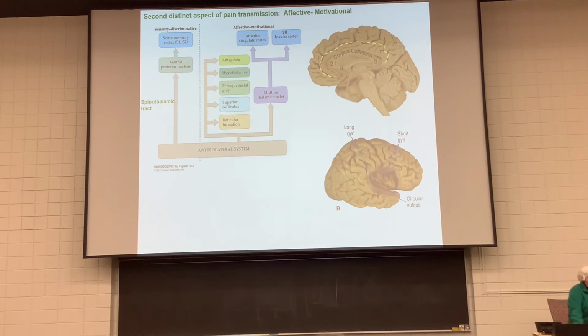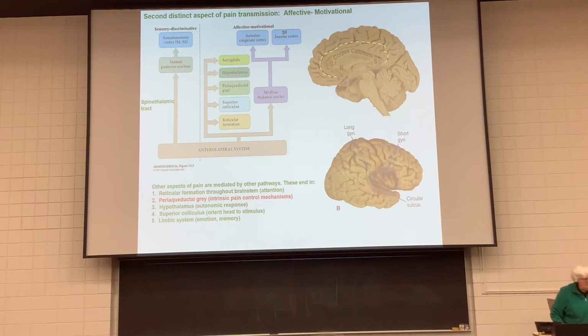And what we see here, these other dorsal horn axons, they come up and some terminate in the reticular formation. Those are important for getting our attention. We'll be looking at that when we have a lecture on consciousness.